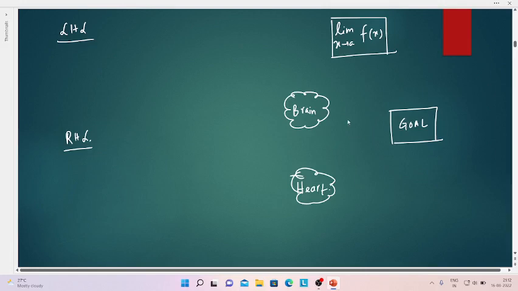So suppose your brain says that this goal is a perfect goal, and your heart says this goal is not a perfect goal. I mean, your brain says tick and your heart says cross. Then will you achieve that goal?